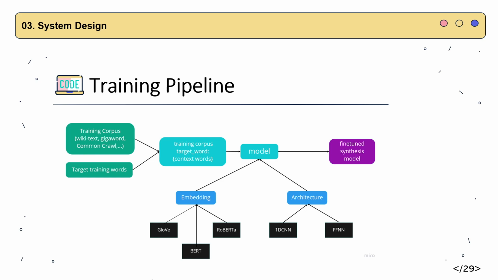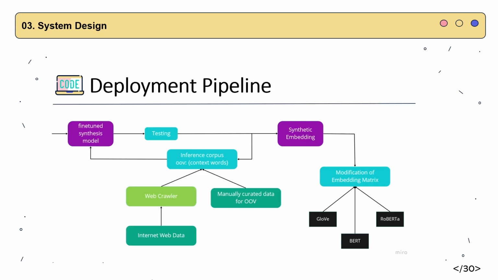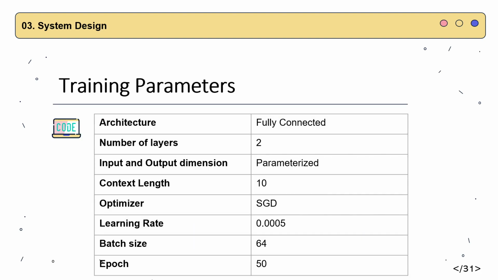Once we train this model, we'll yield a fine-tuned synthesis model, which will be used for the deployment pipeline, where we will gather an inference corpus from online sources. It can come from a web crawler, which crawls internet data, or it can be manually curated. Once we gather this corpus, we'll feed it into our fine-tuned synthesis model to generate the synthetic embedding, which will then be incorporated into downstream tasks.